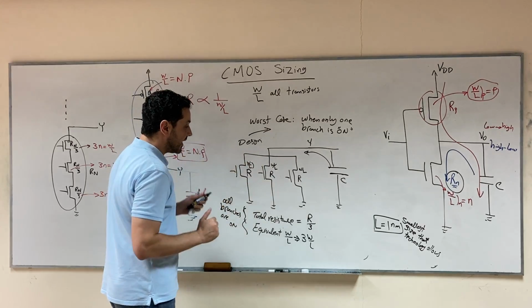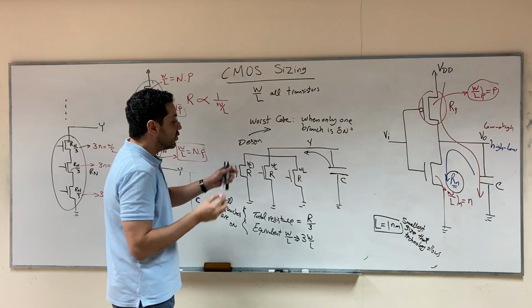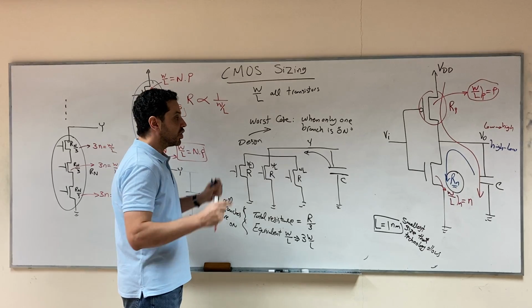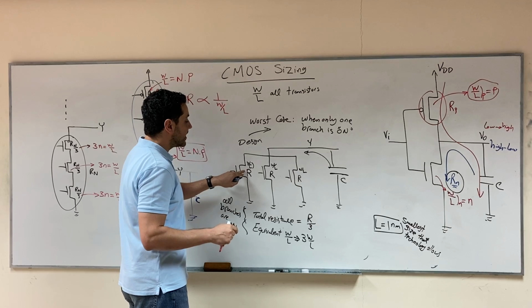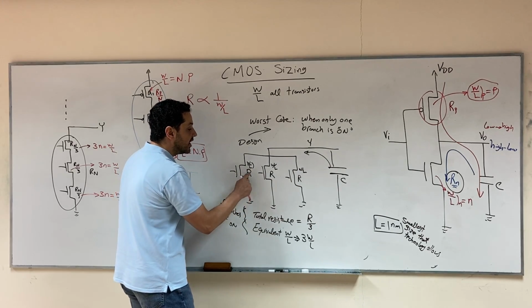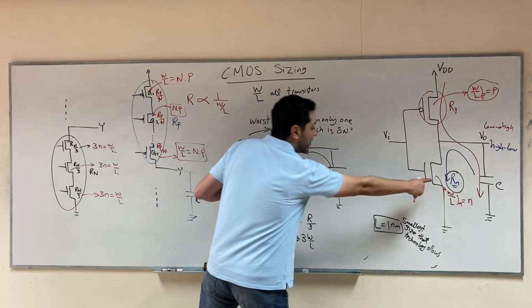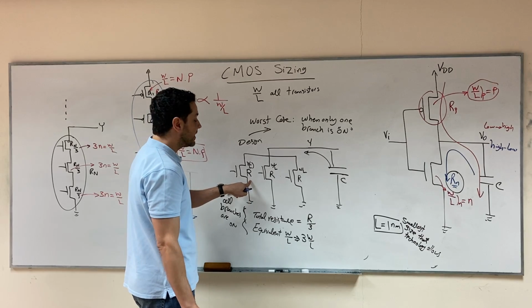Okay, so here now we have parallel branches, and we need to design their W over L. You will say the worst case is that this branch is on alone. So you should design the resistance of this branch alone to be the same as the resistance of the pull-down network in the inverter.